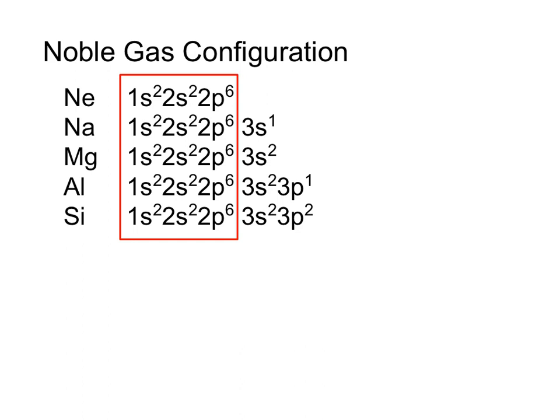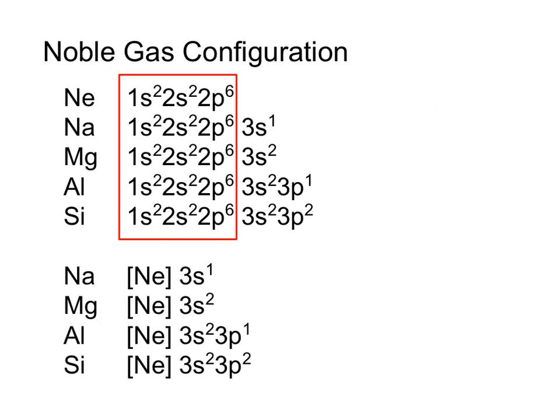And so what we can do is, instead of writing out 1s2, 2s2, 2p6, we can simply write neon in brackets. Writing that is the equivalent to writing 1s2, 2s2, 2p6.